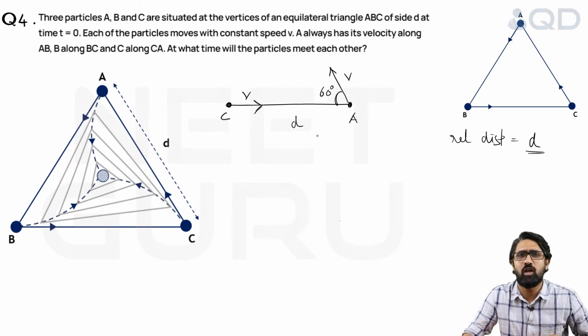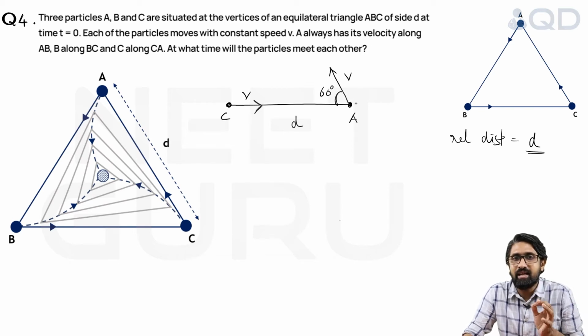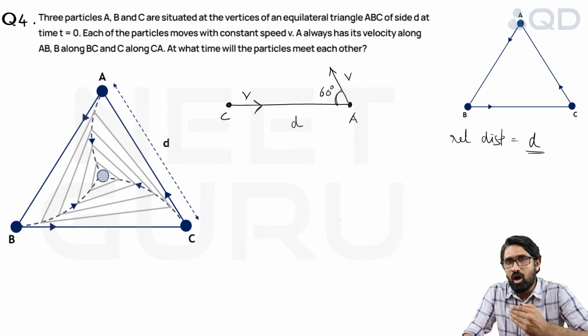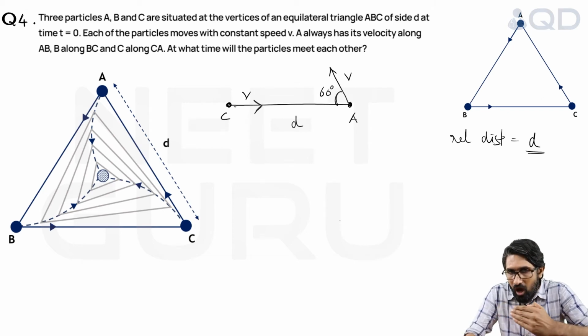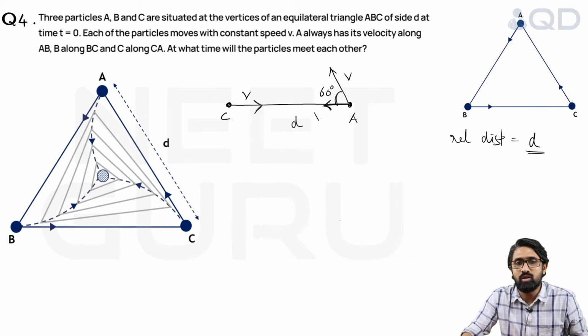Now, what is the relative velocity here? The velocity that the particle C has towards A is v. And if I take the component of the velocity of A along this line, along CA, that component would be this way here, and that will be equal to v cos 60, which is v times 1 by 2, that is v by 2.